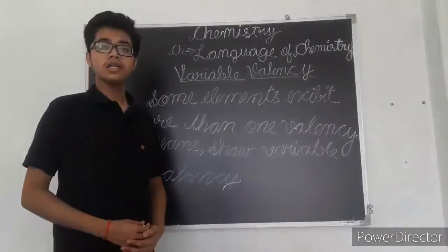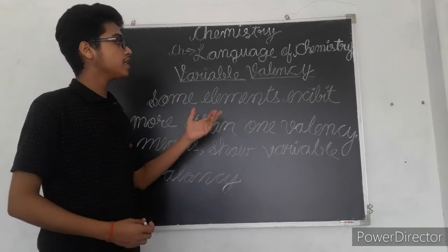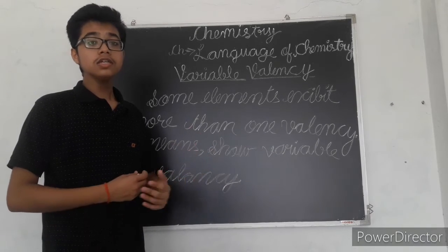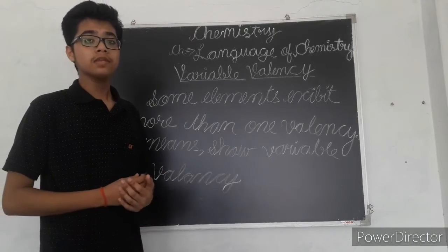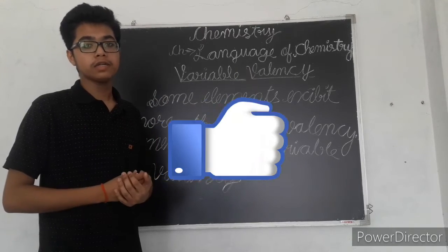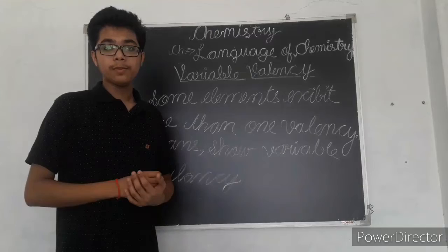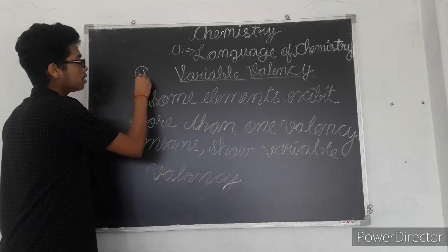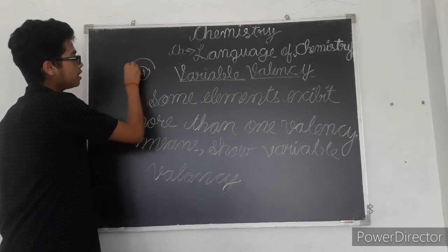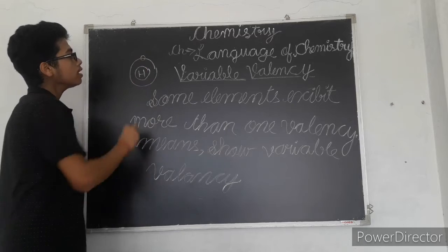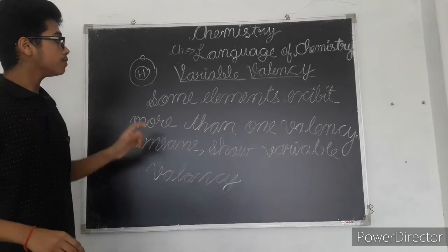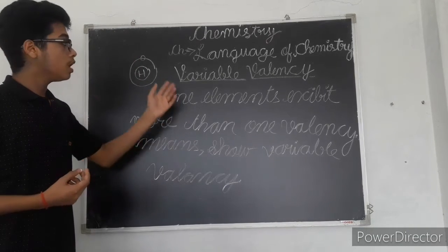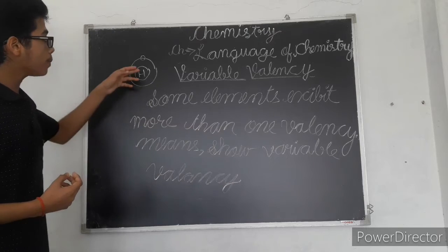Now our next topic is variable valency. We have studied about valency. Valency is the number of electrons in the outermost shell of any element. Like if there is an element hydrogen, suppose this is the nucleus and this is the first shell and there is only one electron, so the number of electrons in the outermost shell will be equal to the valency of the element.